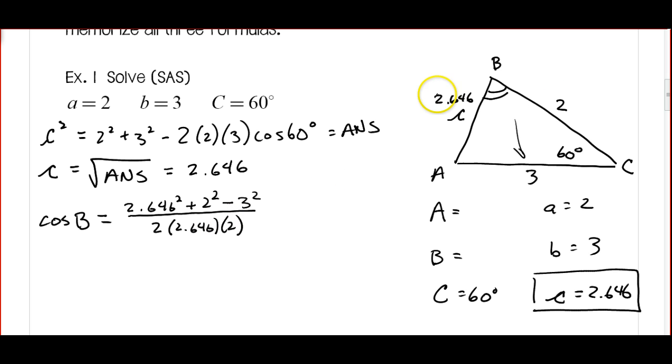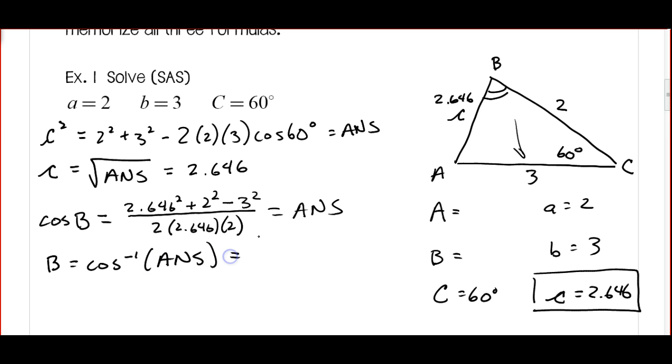Notice these two sides that include the angle go first, and then they're also in the denominator, and this is going to give us an answer. And then in order to find B, I need to take the cosine inverse of that answer.